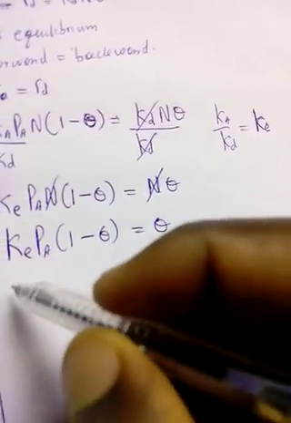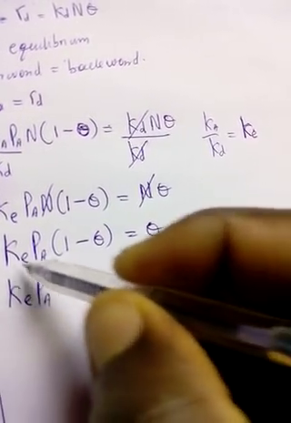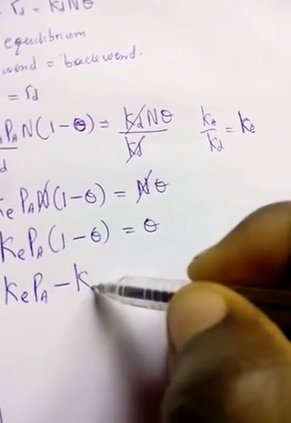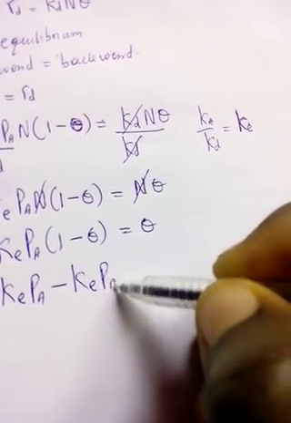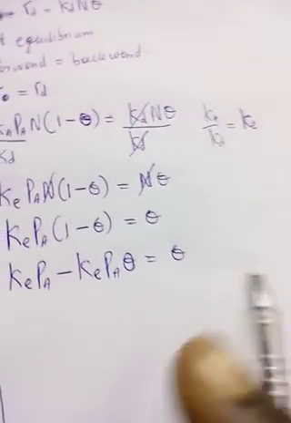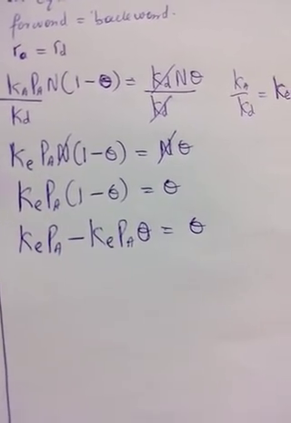So we can open the bracket here. We have KE PA, this multiplied by this, then this multiplied by theta will be minus KE PA theta, equals theta. We can rearrange this equation and take this to the other side, so that we have KE PA equals theta plus KE PA theta.